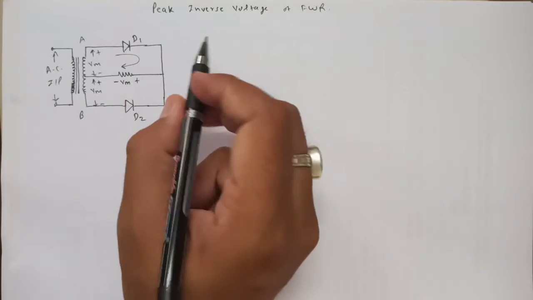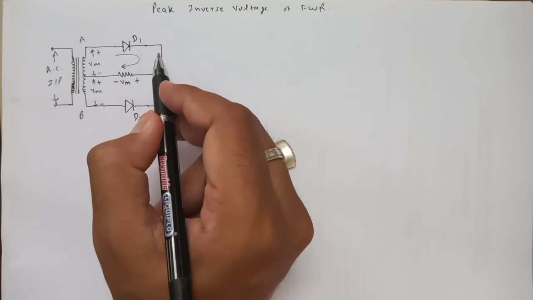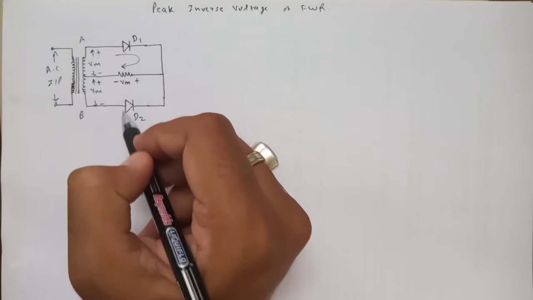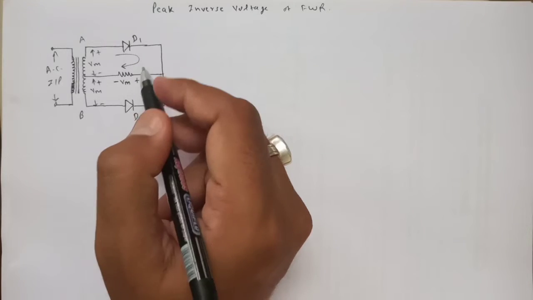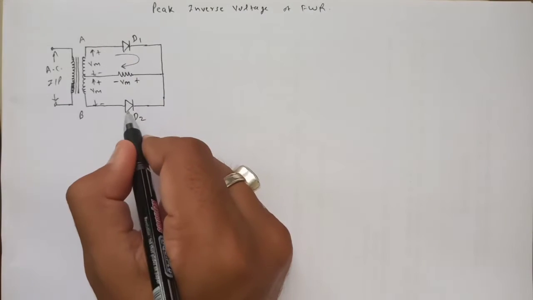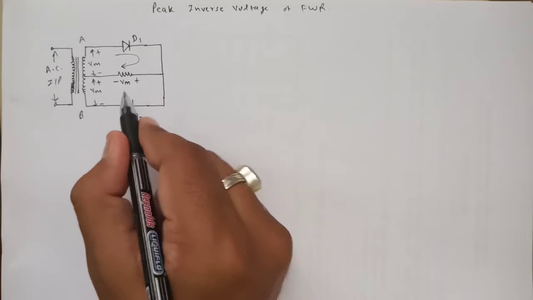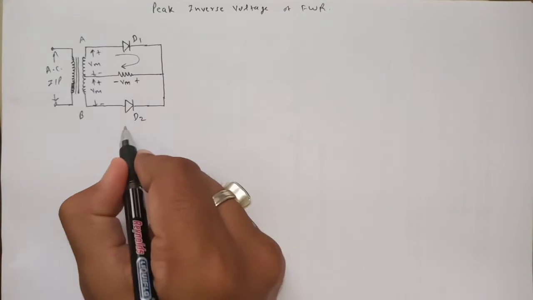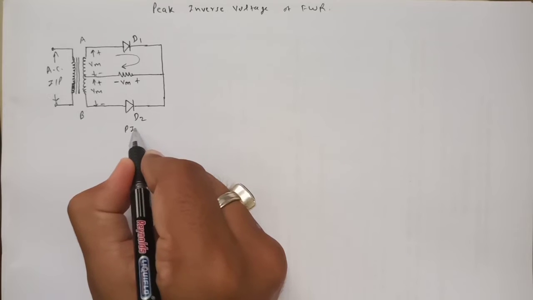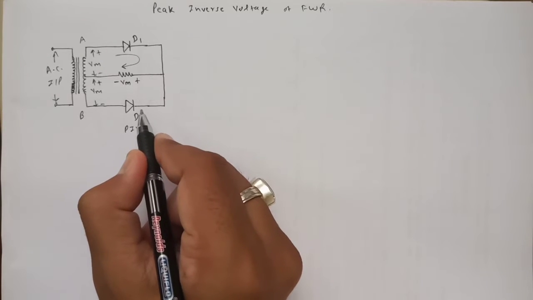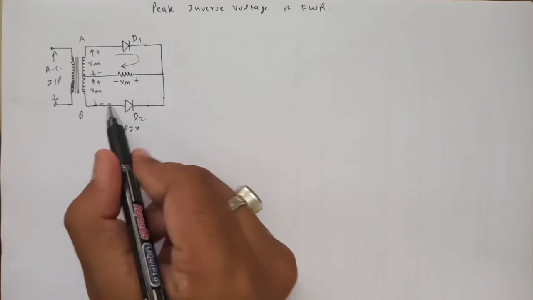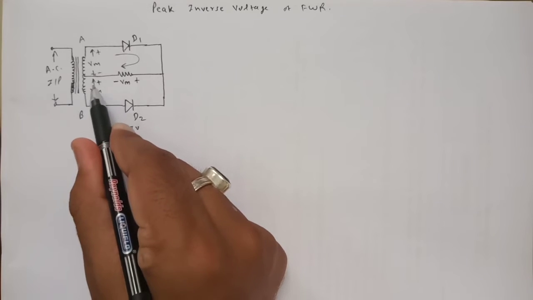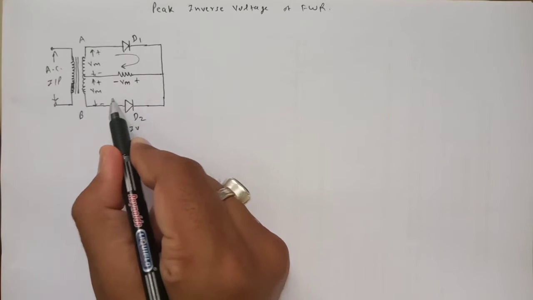Now, as we are interested in the PIV, we should talk about the diode which is reverse biased. During the positive half cycle, diode D2 is reverse biased, so some voltage gets applied across this diode, and we call this voltage the peak inverse voltage. Now we apply KVL in the lower loop. Forget about the upper loop.